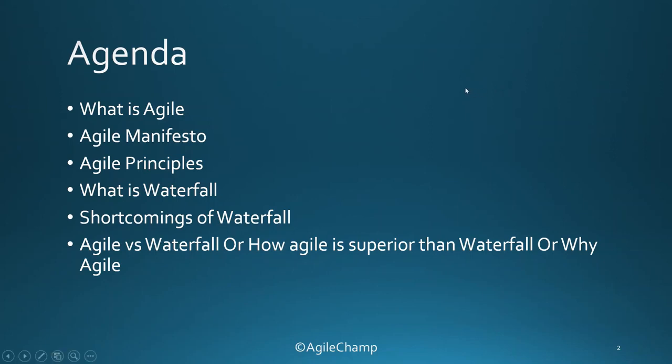Now let's discuss the shortcomings or disadvantages of waterfall. The major disadvantages of the waterfall model are as follows. No working software is produced until late in the life cycle.